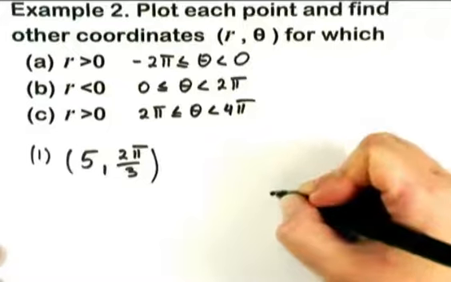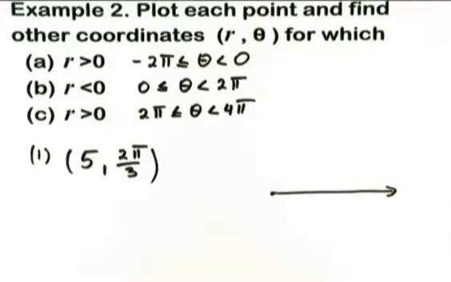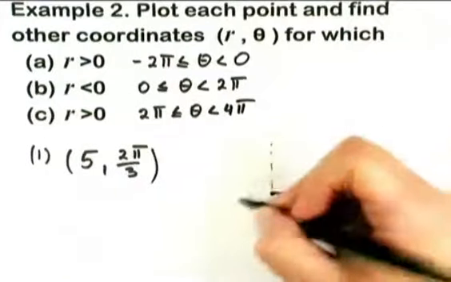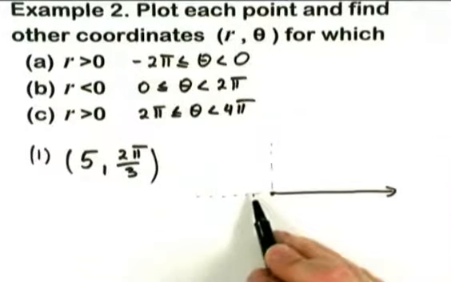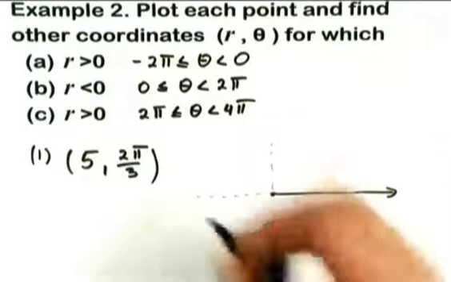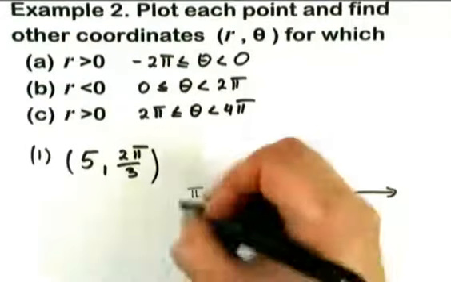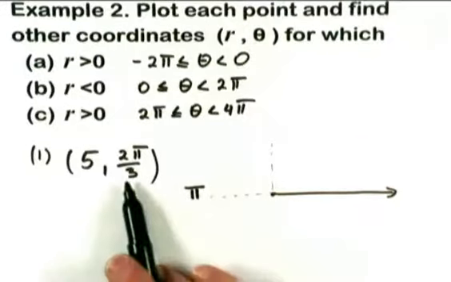We have the pole, we have the polar axis, and now we need to find 2 pi over 3. So here's 90 degrees, here would be 180 degrees, and 180 is pi, and we are less than pi.